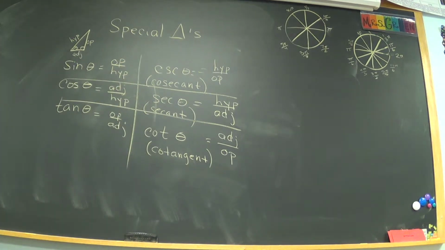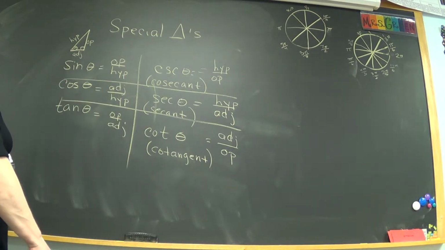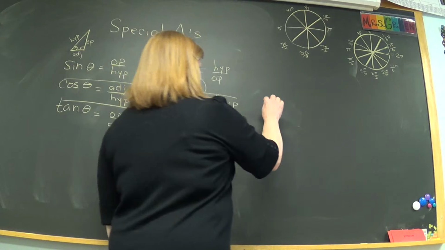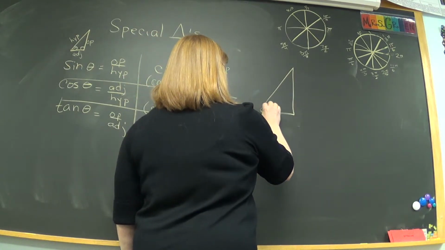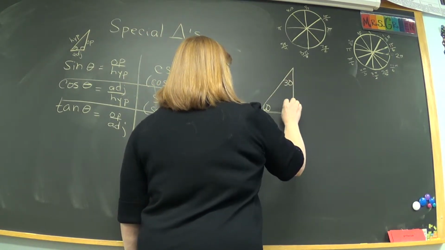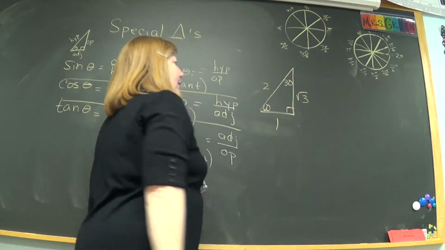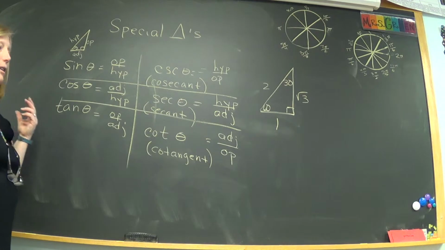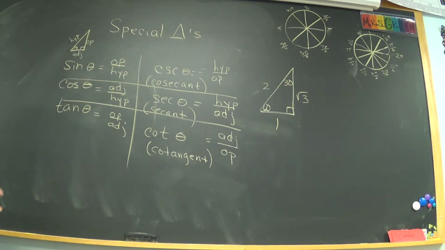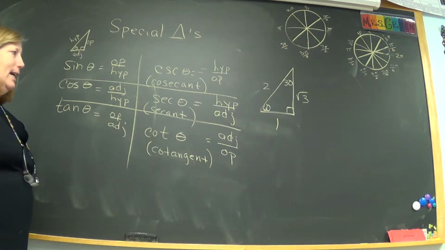Now, putting this together with the special triangle, we have our 30, 60, 90, and it was 1, 2, square root of 3. You can now find the sine, cosine, tangent, cosecant, secant, and cotangent of 60 degrees. And you can do the same for 30 degrees. So that's what we're going to spend time doing now.